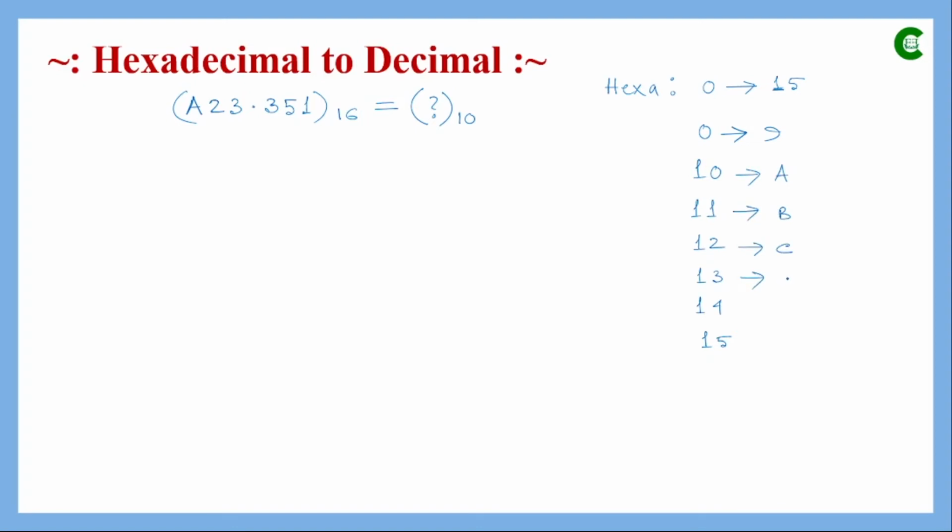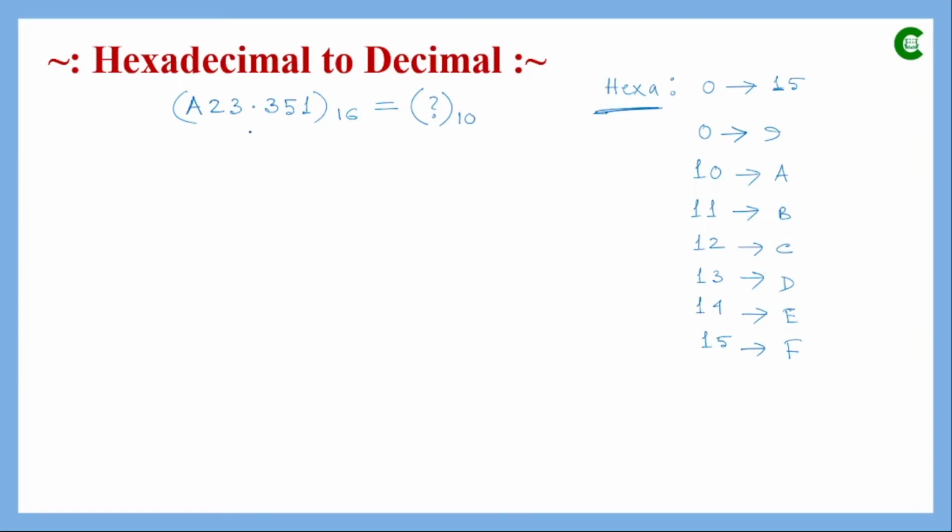So here 10 is mapped with A and accordingly we increase. So finally 15, which is the last digit in hexadecimal number system, is mapped with F. So in hexadecimal number system the digits are from 0 to F.